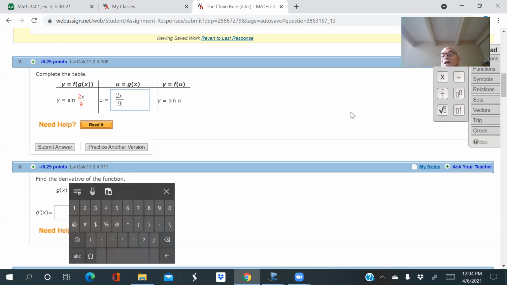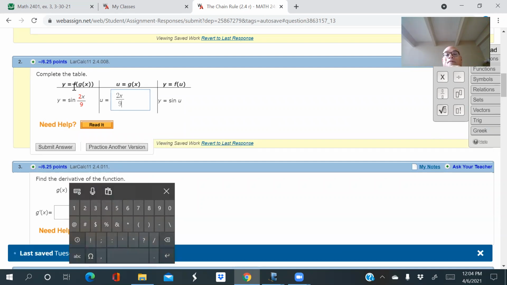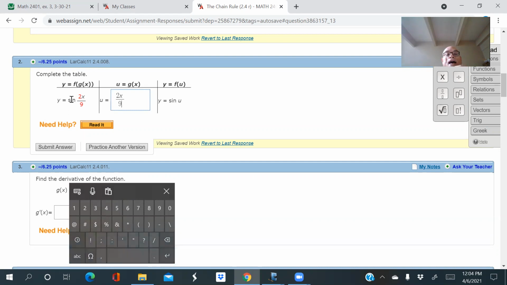Just to emphasize that if you were to take the derivative of this function, you could do that by using the derivative of sine, which is cosine. So you would have cosine of 2x over 9, but then you would have to multiply in at the end the derivative of 2x over 9, which is 2/9.